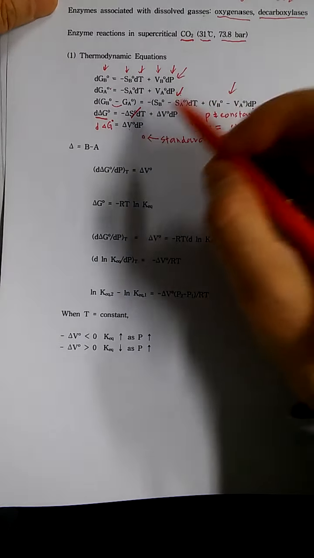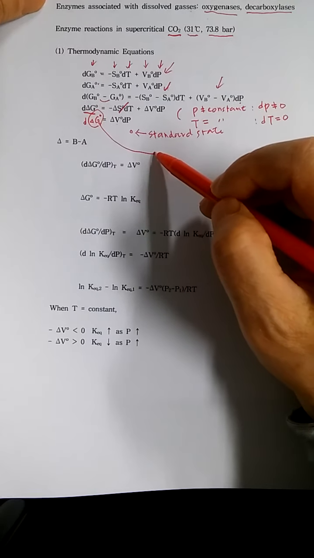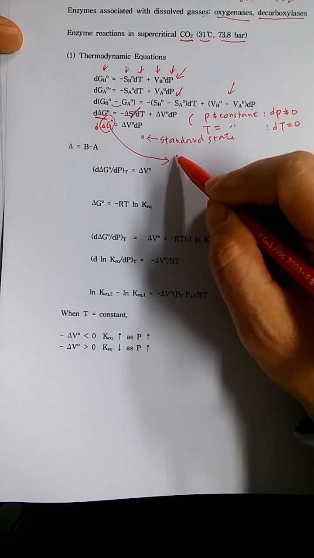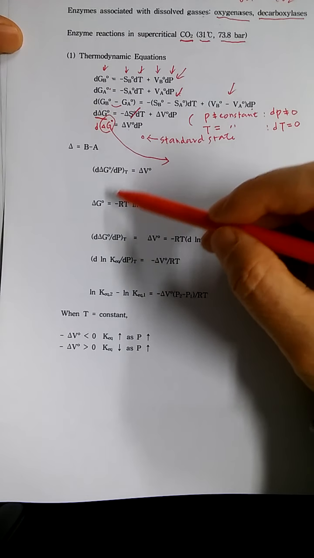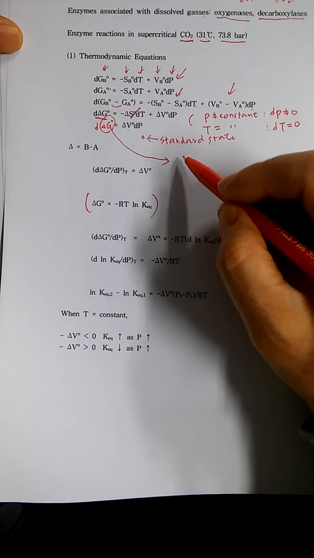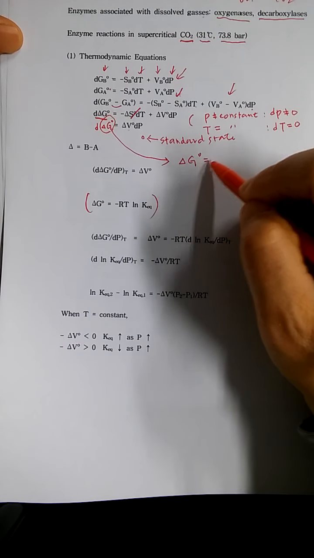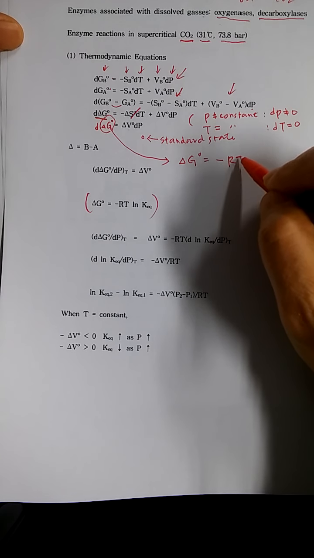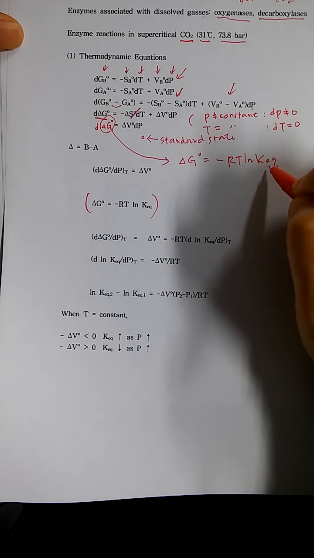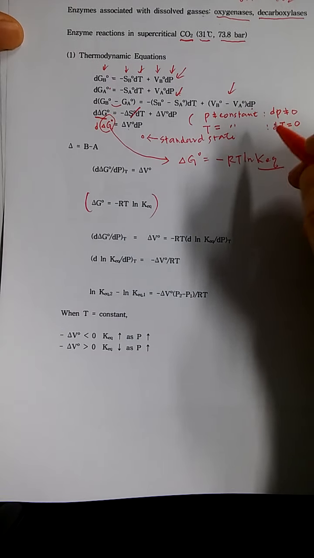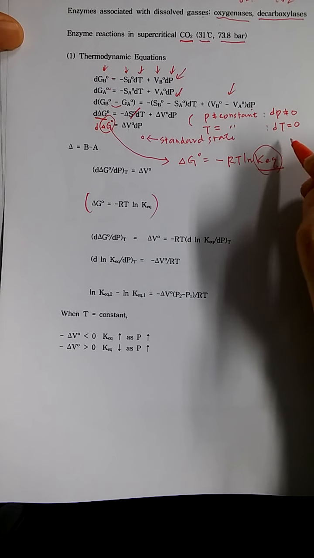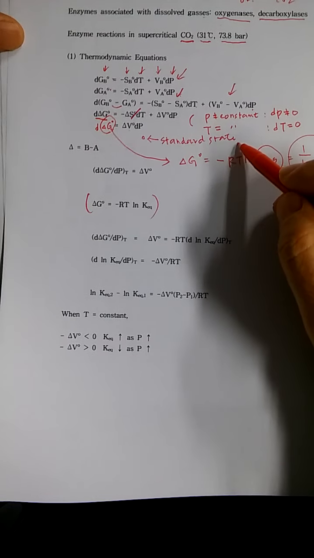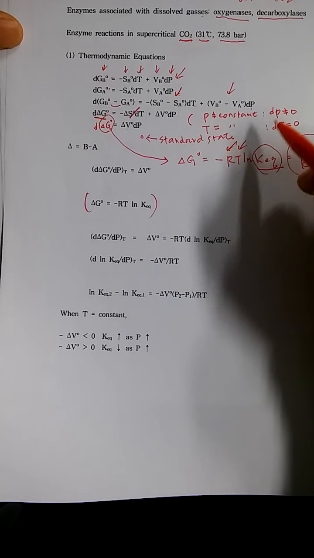And remember that this Gibbs free energy difference is always related to the equilibrium constant K by this equation, where K equilibrium is the equilibrium constant, which in enzymatic kinetics is the inverse of Km for the binding step, R is the gas constant and T is the temperature.